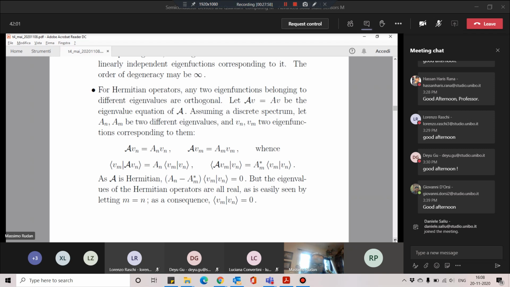And in order to be sure that the eigenvalues, that are the physical quantities of interest, are real, we must consider Hermitian operators.